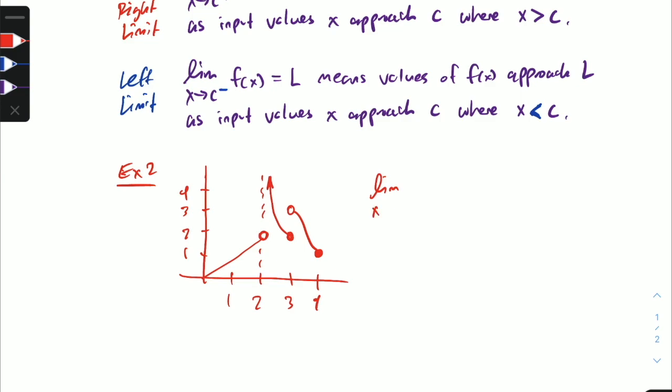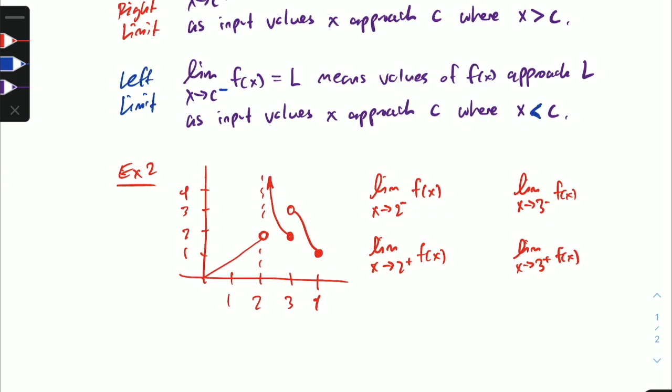Let's do the limit as x approaches 2 from below, from the left. Limit as x approaches 2 from above, the right. Limit as x approaches 3 from below. And limit as x approaches 3 from above.